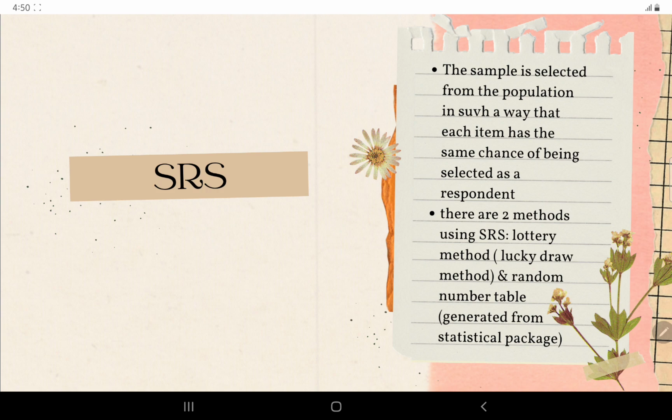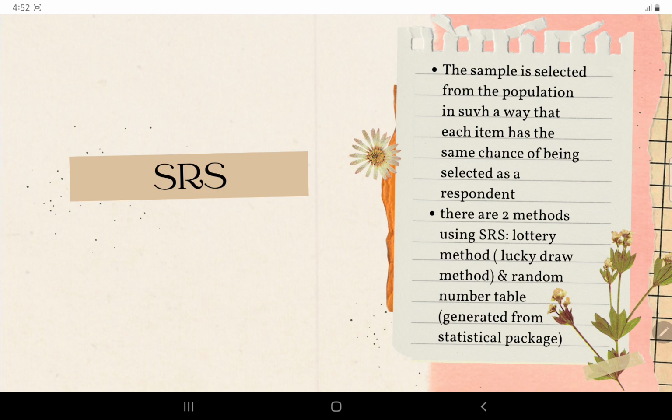Kalau kita gunakan lottery method or lucky draw method, okay, the first step is we should have a list of 40 students name. Sebab population kita tadi 40 orang, so mesti ada nama 1, 2, 3, 4, 5 dan hinggalah 40 orang. Okay, then we need to write each of these 40 names in a piece of paper, and then masukkan dalam box and mix them.